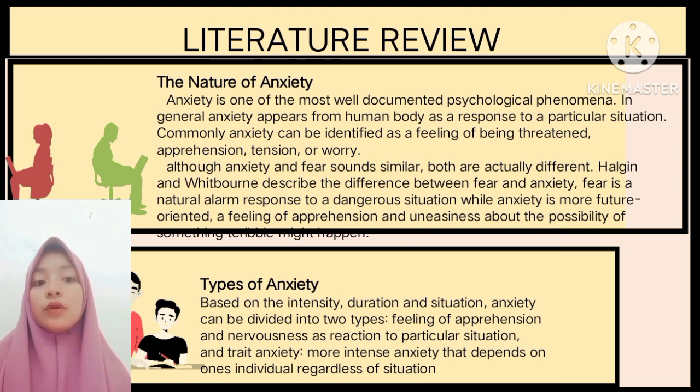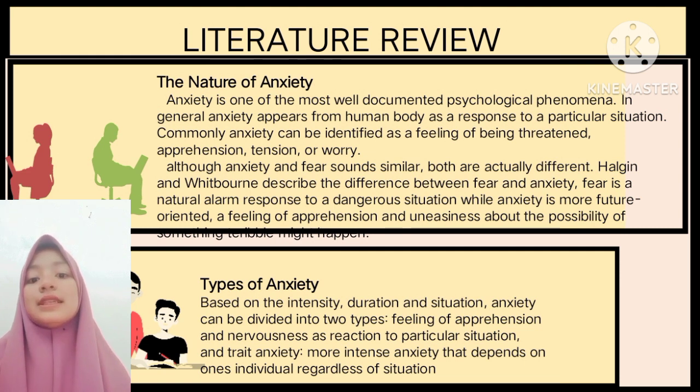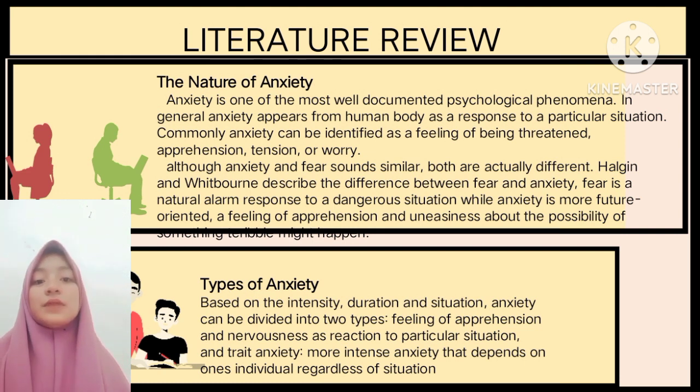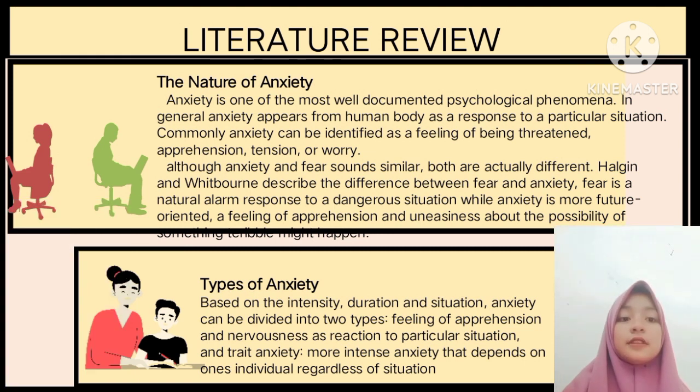Halgin and Whitbourne describe the difference between fear and anxiety. Fear is a natural alarm response to a dangerous situation, while anxiety is more future-oriented, a feeling of apprehension and uneasiness about the possibility that something terrible might happen. Anxiety has types.